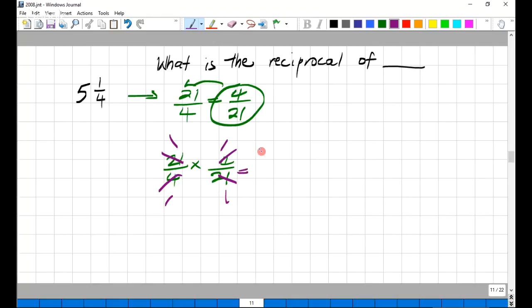Then we say numerator by numerator, so this will be 1 times 1 over denominator by denominator, 1 times 1. So 1 over 1. Any number divided by 1 remains the same. Okay, so we know that this is correct. We know that 4 over 21 is the correct answer.